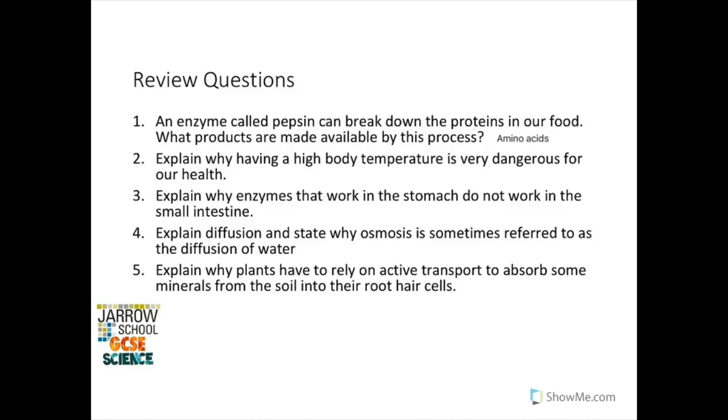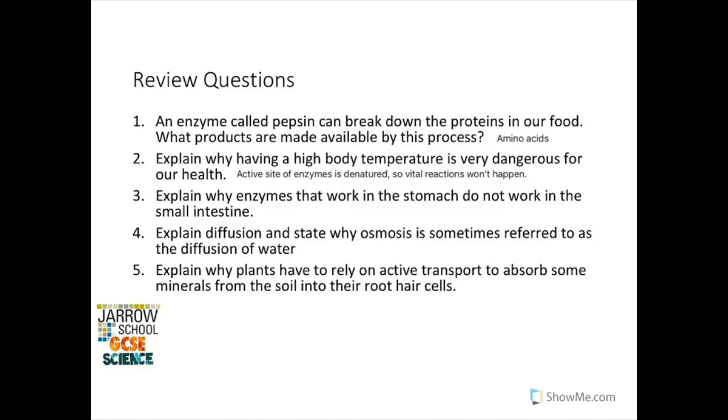And this is because the enzymes which are vital for keeping us alive will become denatured. And that means the active site of the enzyme changes shape, so the substrates will no longer fit in the active site, so the reactions won't happen, and therefore our cells might not be able to get any energy from respiration, and therefore the cell will die.